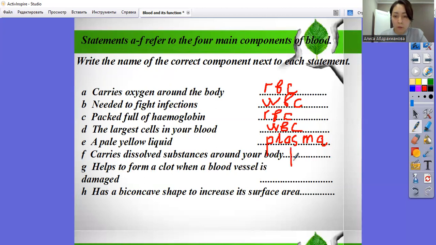It's plasma too. Helps to form a clot when a blood vessel is damaged. It's platelets. Has a biconcave shape to increase its surface area. It's red blood cells.